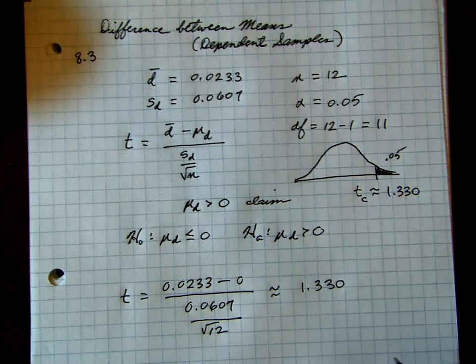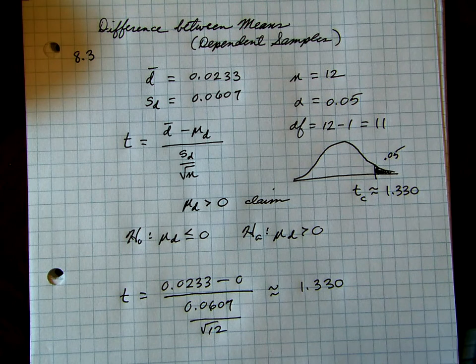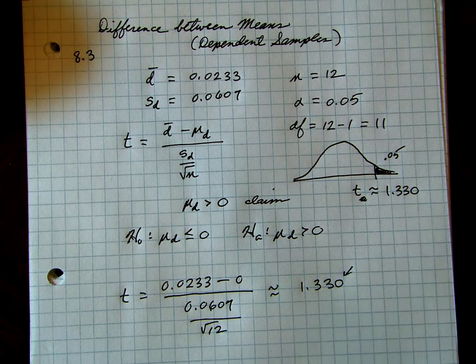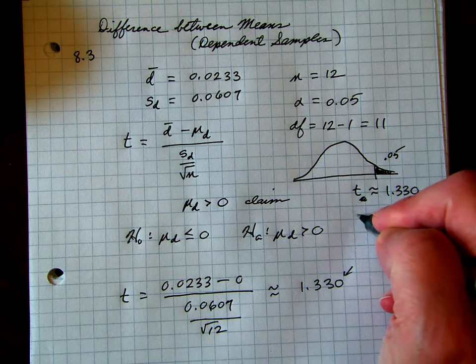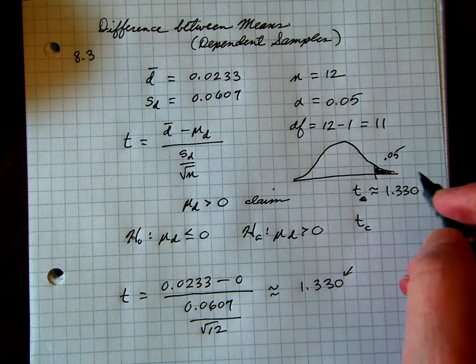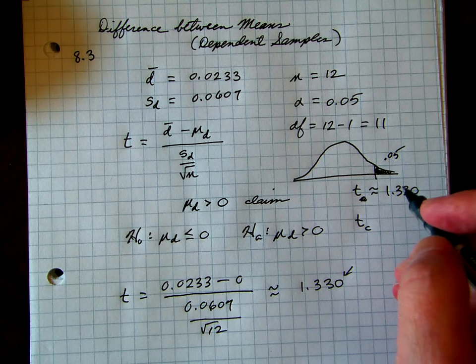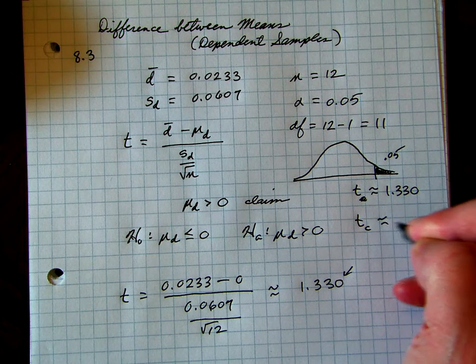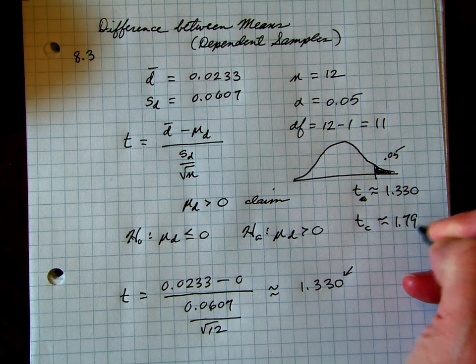And I see that I just made a terrible mistake, because that's not our critical number. That's the plotted value of our t-statistic. Alpha 0.05 actually corresponds to, I should have looked this up and really checked it, 1.796.